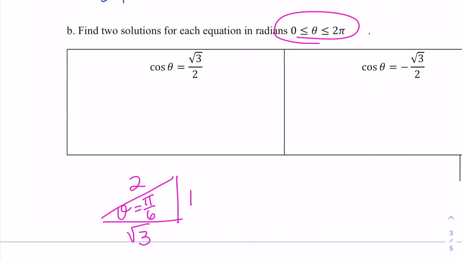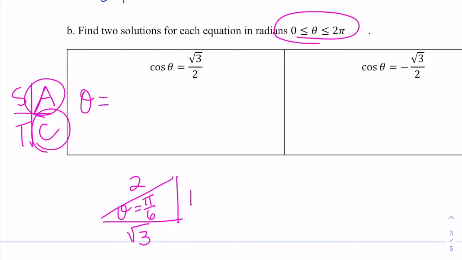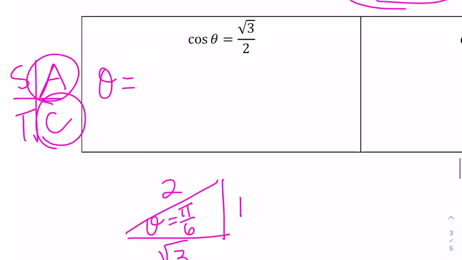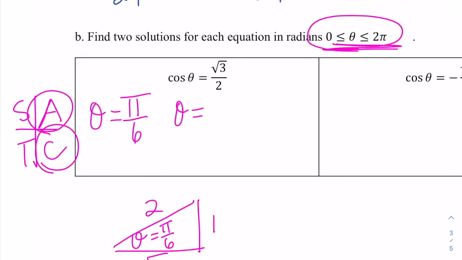So cosine is going to be positive in the first quadrant and in the fourth quadrant. So the first rotation, well, that's easy. We know that's going to be pi over 6. I'm going to write that a little bit more clearly here. The second rotation is going to be in the fourth quadrant. And we want to make sure we have it between 0 and 2 pi, so we can't write negative pi over 6.